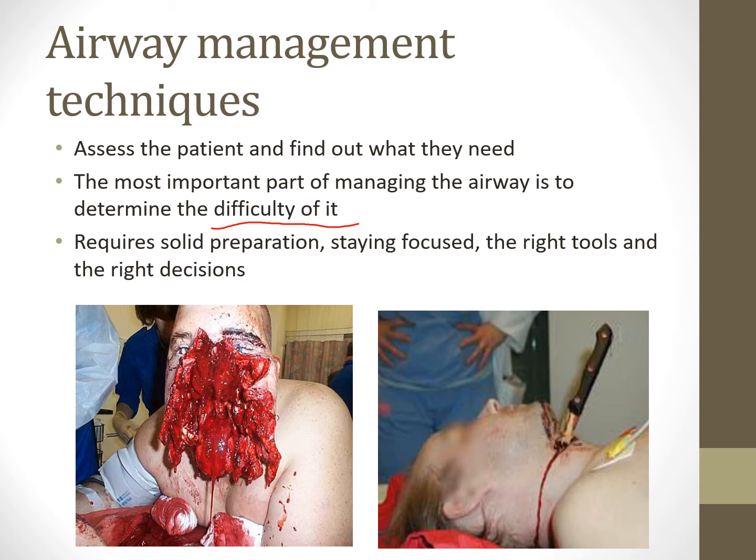So looking at the difficulty of the airway is going to help us when we're determining what type of personnel we're going to have in the room, and what type of equipment we want available on hand and not just two rooms over or down the hall, right? We want to know how difficult this airway is and if we have the appropriate equipment for it, because you don't want to go into a situation when you had the option of knowing how difficult it was without the proper tools needed to manage that airway, right?